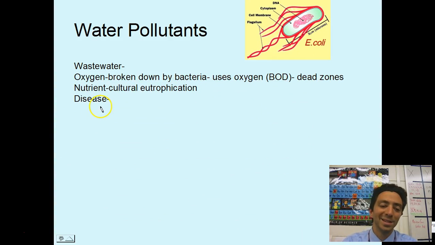Then the last big one here is disease. The E. coli up here is kind of our indicator species for disease. E. coli is a bacteria found in animal waste, and human waste would be included in that. We can do a fecal coliform test, which would tell us if there are E. coli bacteria present.